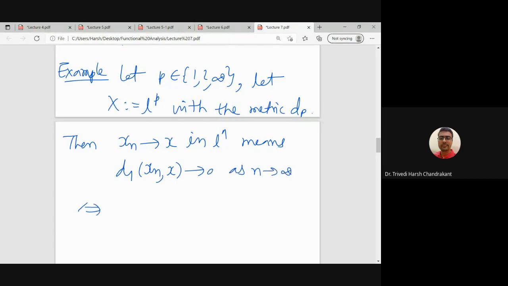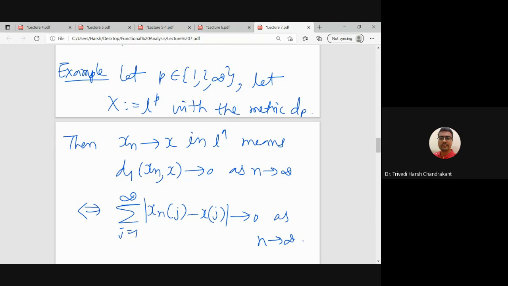And that d1 metric, we know, is the summation from j equals 1 to infinity of the modulus of the function evaluated at j minus the second function evaluated at j, and it converges to 0 as n tends to infinity.